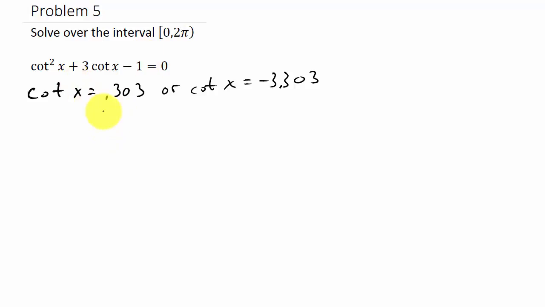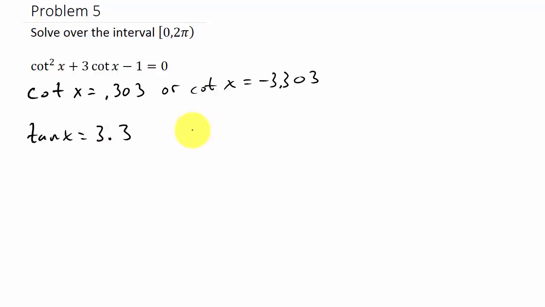So looking at this, there's no inverse cotangent button on the calculator. We only have inverse sine, cosine, and tangent. So I need to change this to tangent x. Well, I know tangent x is 1 over 0.303, right? So 1 divided by 0.303 is, and we'll round this, 3.3.